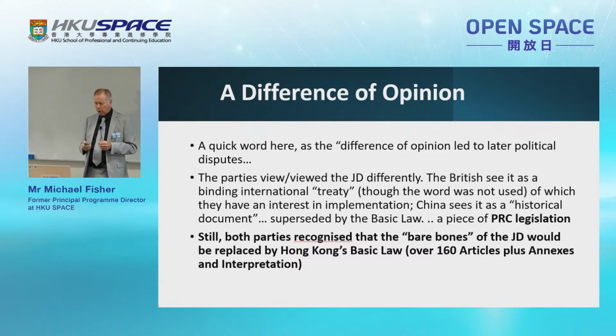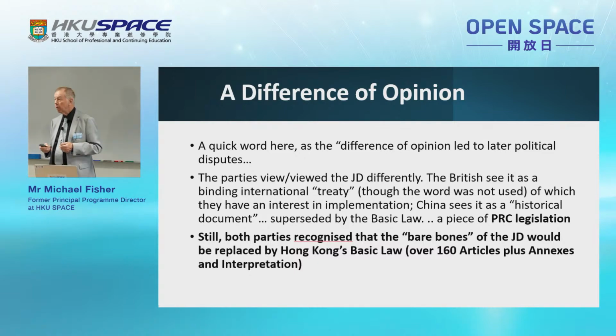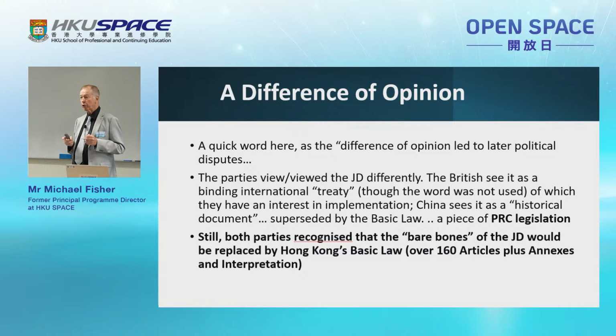Quick word on the fact that there was a difference of opinion, which has led to some later political disputes. The British said the joint declaration is a treaty, although the word wasn't used, it was called a declaration. It's a treaty signed by two sovereign states, and each of us has an interest in its being implemented.